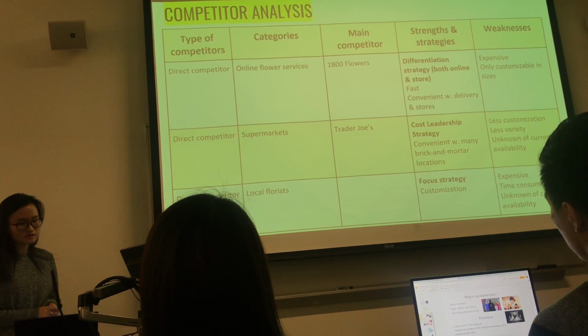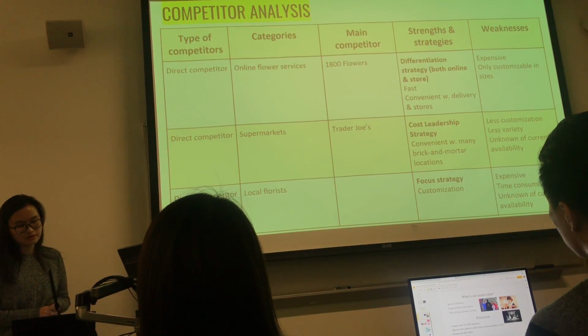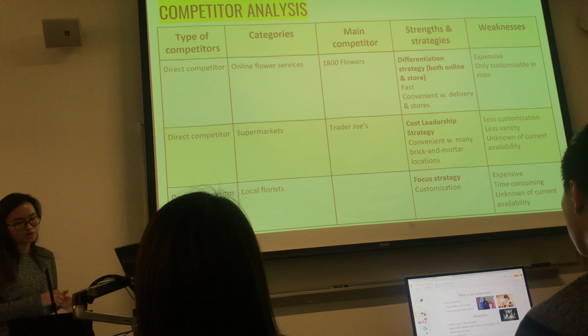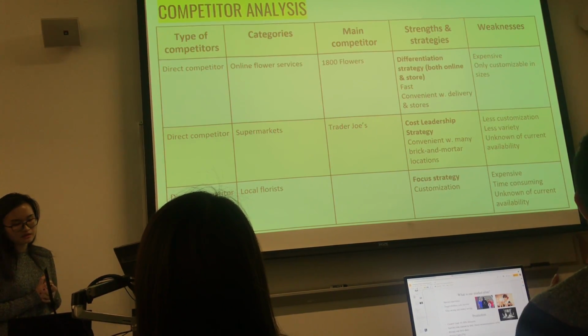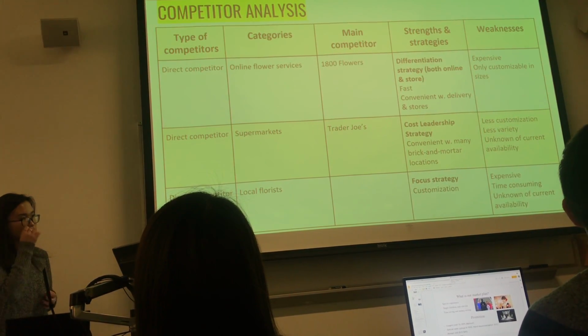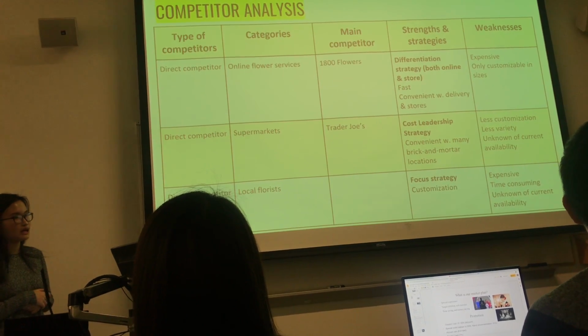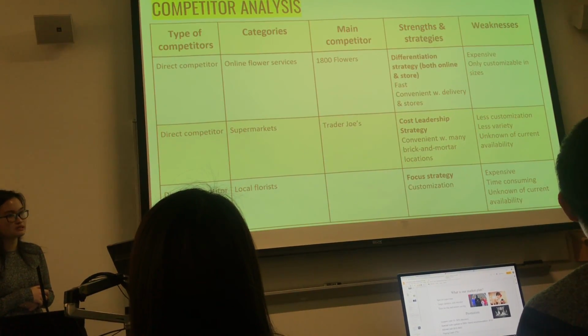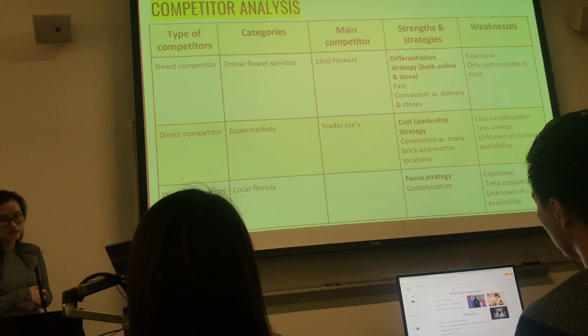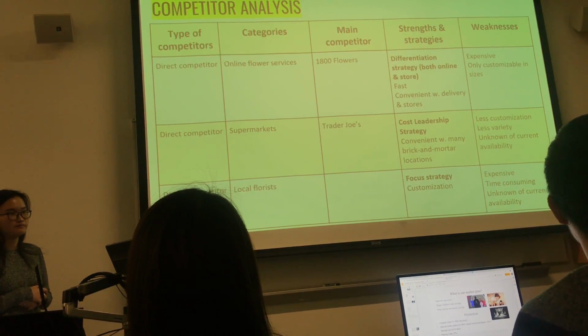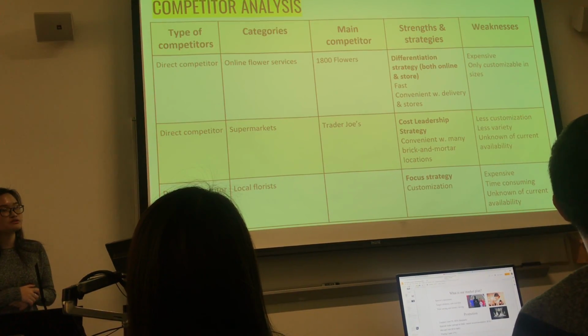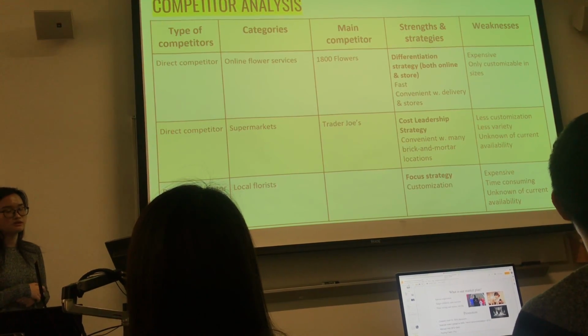And for competitors, we divided them into 3 groups. They are all direct competitors. The first one is online flower services. As Quang mentioned, 1-800-Flowers is our biggest competitor. And also, interestingly enough, the FTD company is actually doing a similar thing to us.